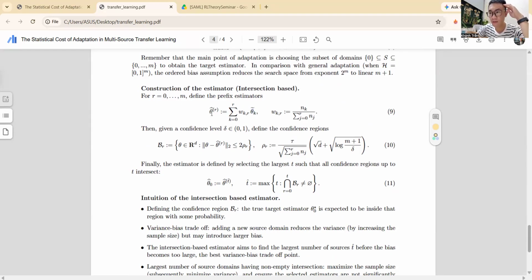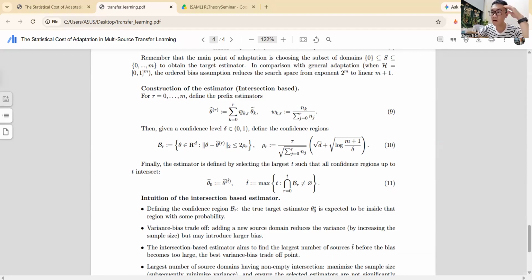The first thing, they define a prefix estimator, theta hat of r, which means that the estimator uses all the domains from k equal to 0 to r. So it's the r closest domains to the target domain.